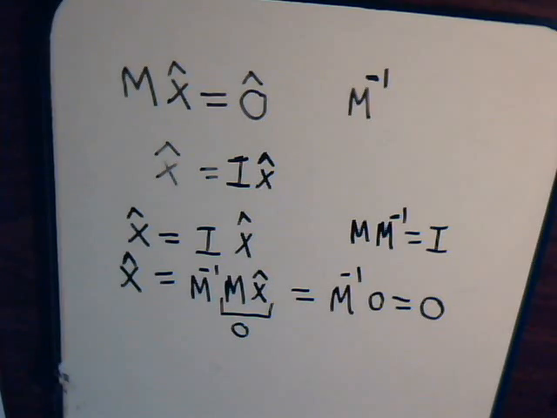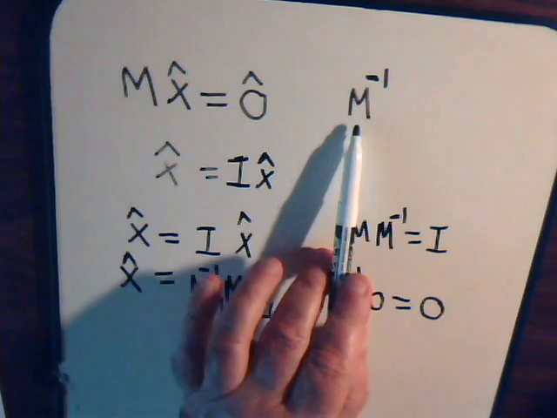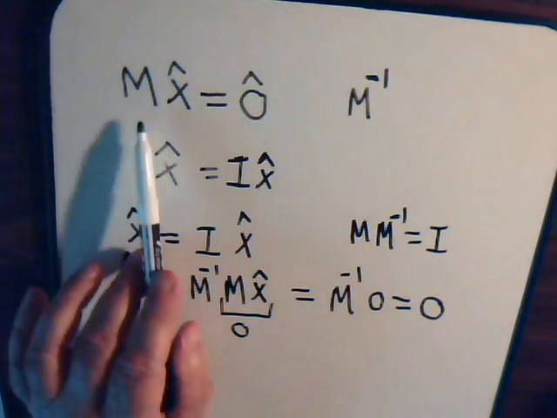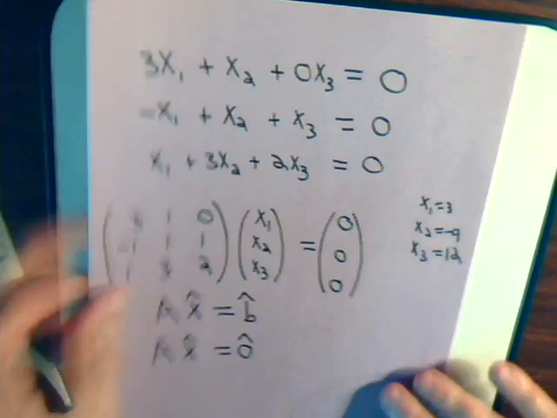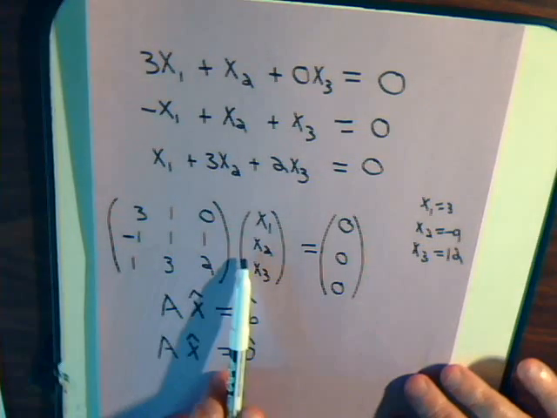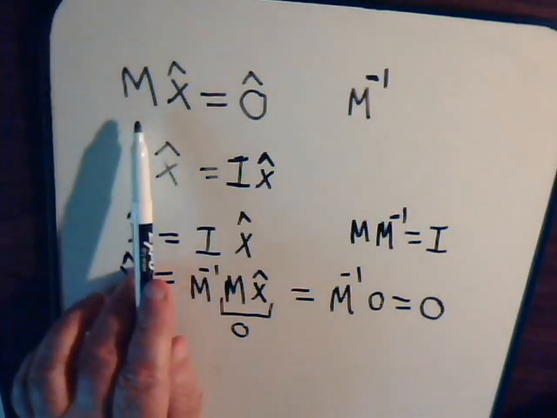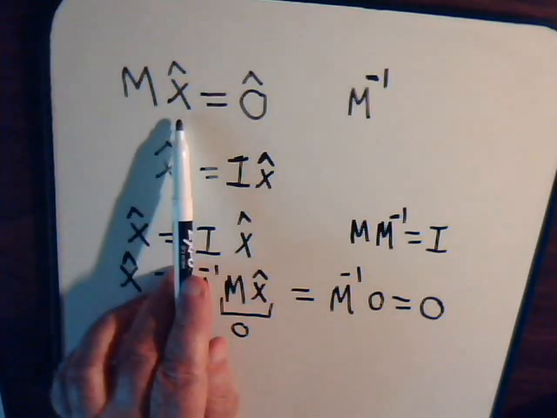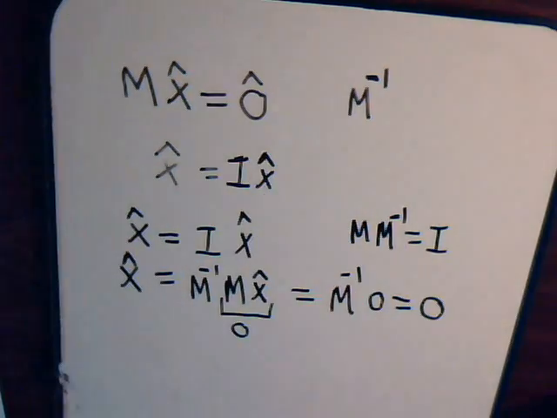So what we've demonstrated is that here we have a matrix and it has an inverse, and if we have an equation similar to this one right here, where our matrix times a column vector x gives the 0 vector, if this matrix has an inverse, the only way that can happen is this has to be 0.